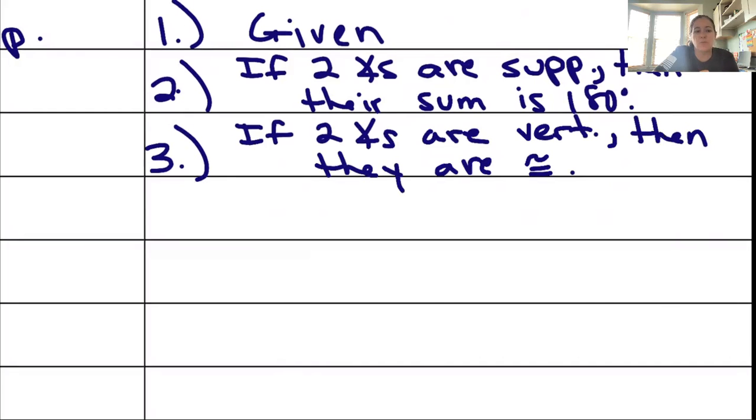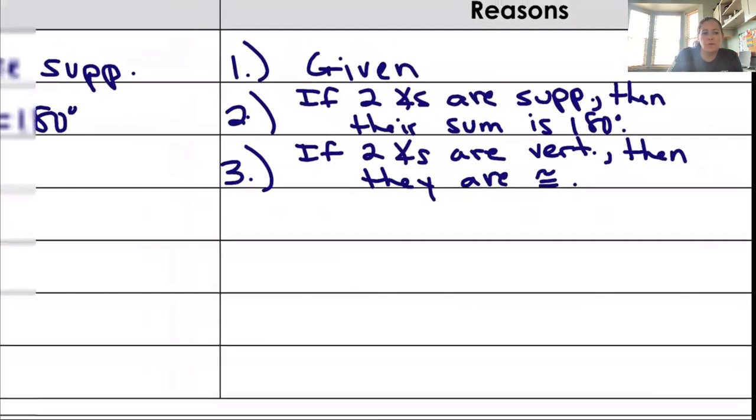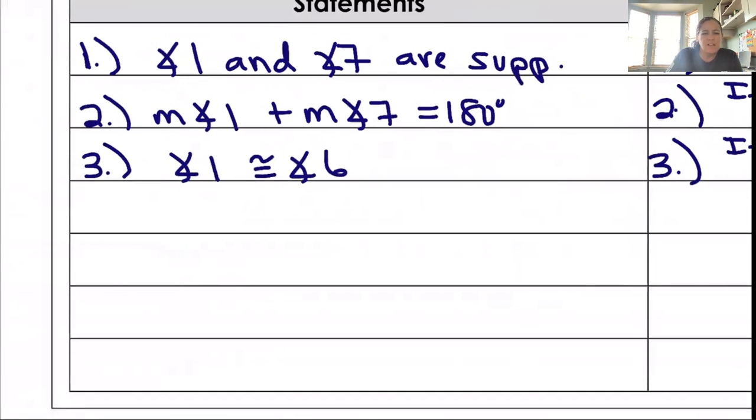So I was just writing out that 1 is congruent to 6 because if two angles are vertical, then they're congruent. And then I'm going to do a substitution in there, because I want to get to 6 and 7 adding together to give me 180. So I can say they're supplementary, so I can say that they're consecutive interior, so I can say the lines are parallel.